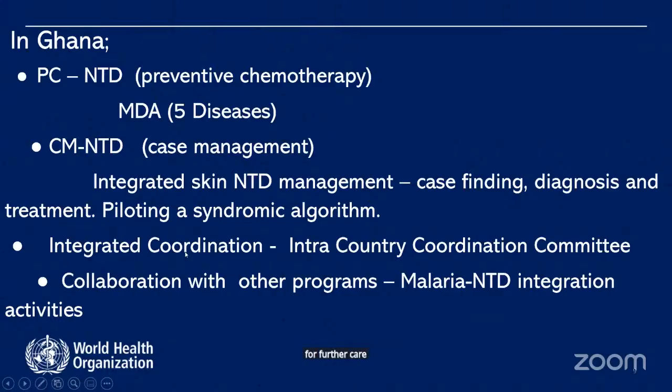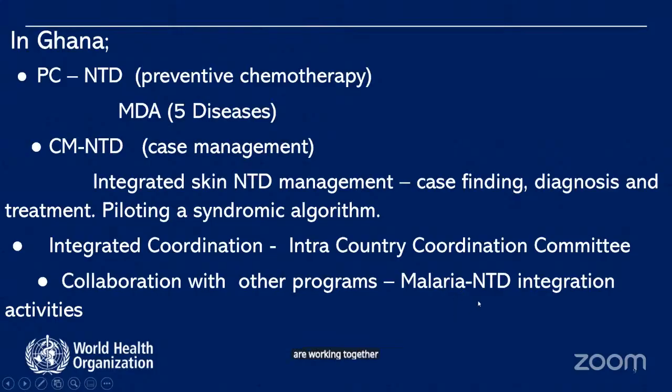And then also we have integrated coordination in Ghana. So all the diseases, the NTDs, are being coordinated through a single coordination committee, what they call the Inter-Country Coordination Committee. That's at the Ministry of Health. And then there's also collaboration with other programs. So now the malaria program and the NTD program are working together.